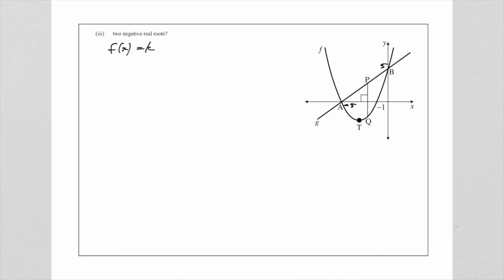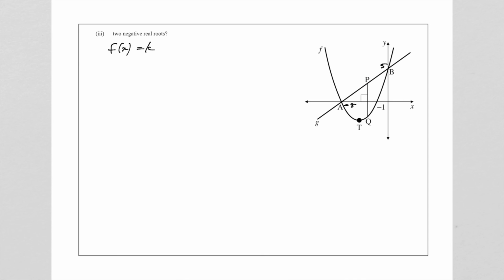But now we must be careful where to draw this line. In the previous questions, when they told us the roots must be non-real, then we must draw it below the turning point. If they say the roots must be real, we draw it at the turning point. And if they say the roots must be unequal, we draw it above the turning point.